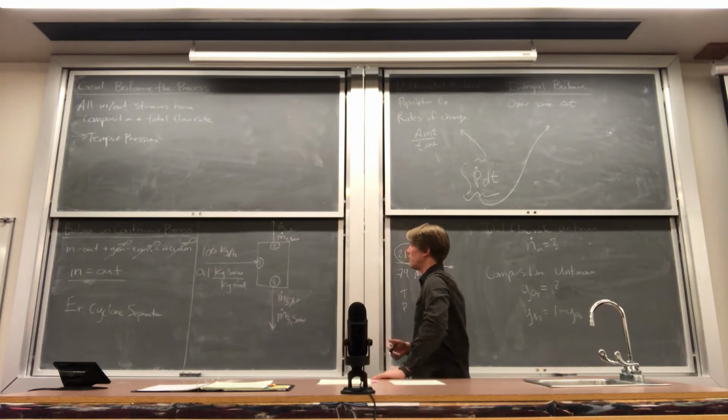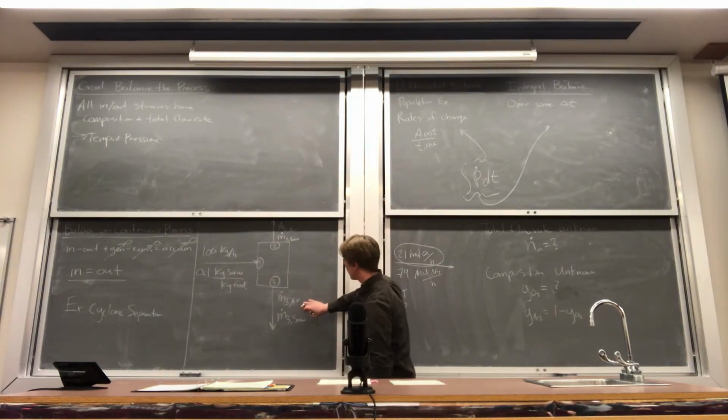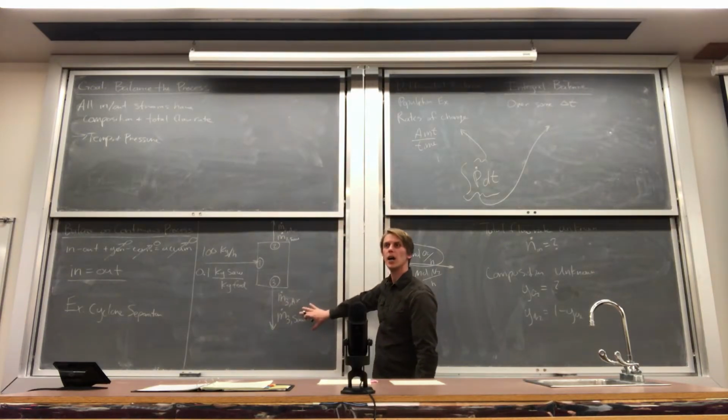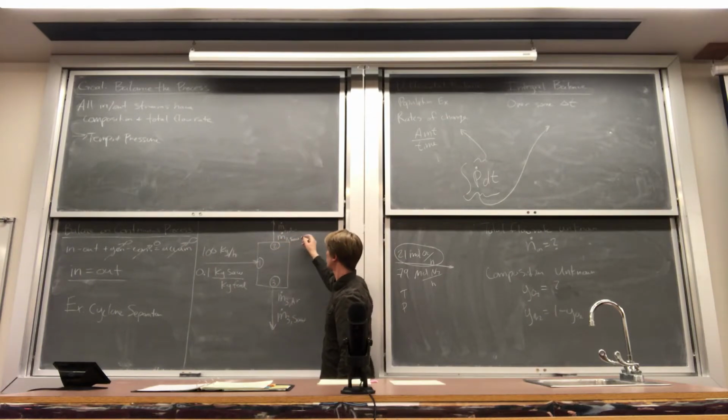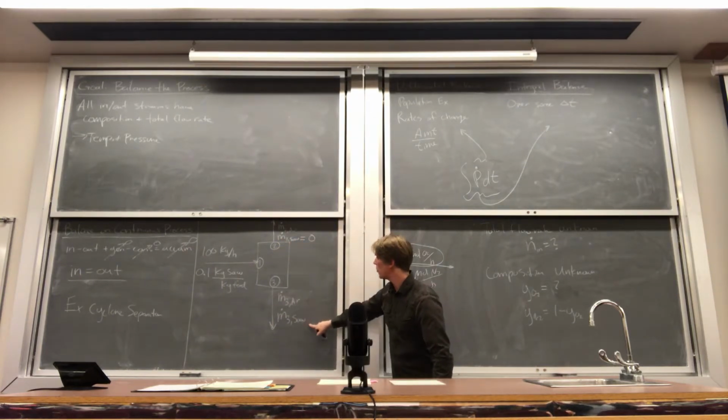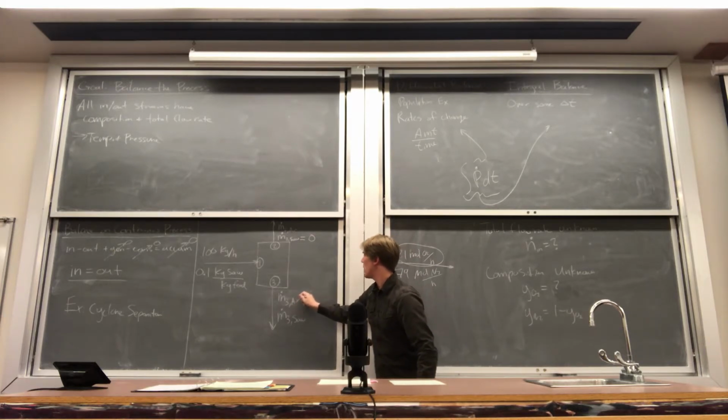To simplify things, since this is a 100% efficient separation, we need to simplify our equations here. If there's no sawdust coming out of the top, then m dot 2 saw is equal to 0. Coming out of the bottom, we have no air, so m dot 3 air is equal to 0.